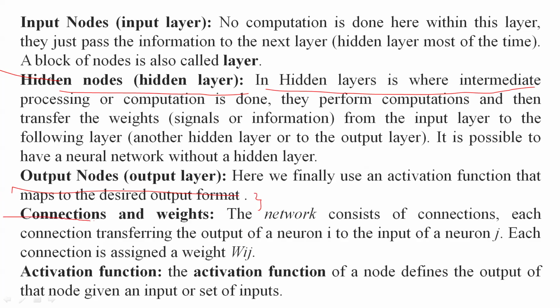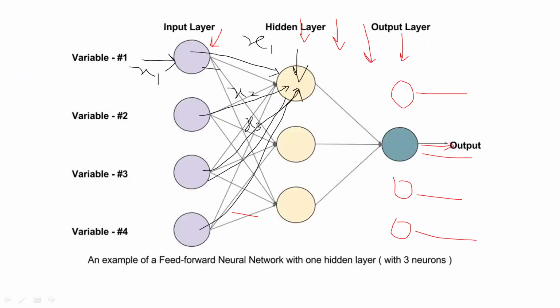Then connection and weight is very important. The network consists of connections, each connection transfers the output of a neuron to another neuron j, and while it is transmitting, the connection will add a weight. I already said that some weight is added whenever it is moving from here to here. So see here, now I am transmitting the data to here. Some weight will be added.